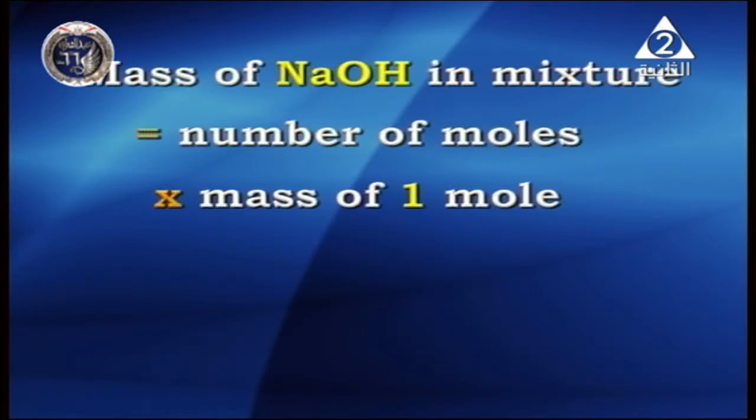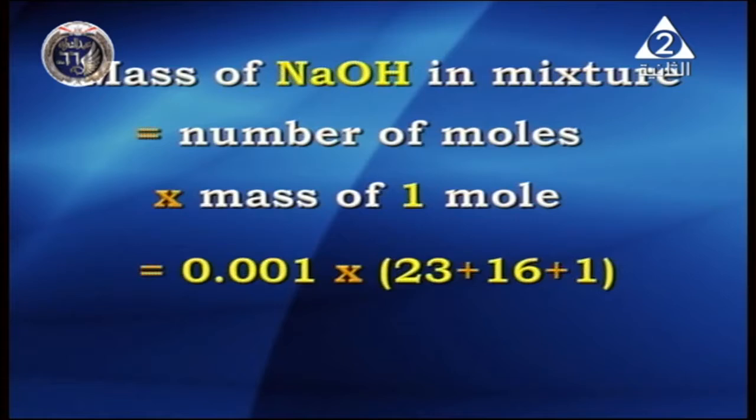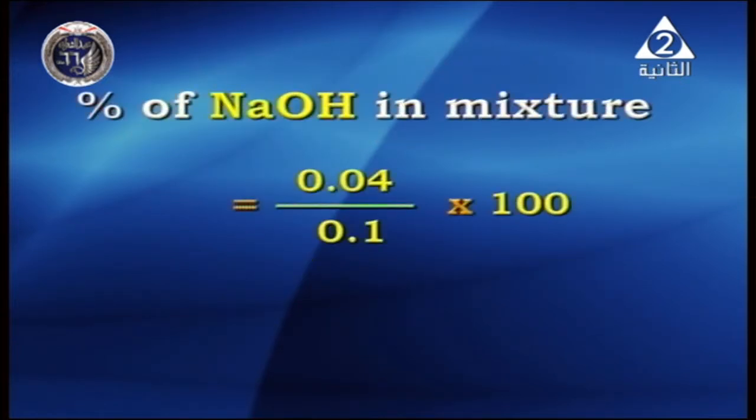So the mass of sodium hydroxide in the mixture equals number of moles times the molar mass. So 0.001 times (23 plus 16 plus 1) equals 0.04 gram. So the percentage of sodium hydroxide in the mixture is 0.04 over 0.1 times 100 equals 40%.